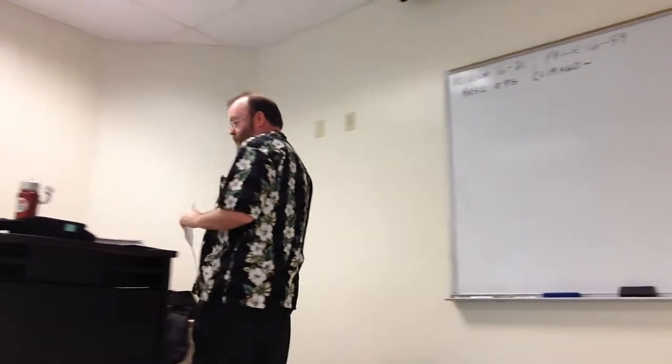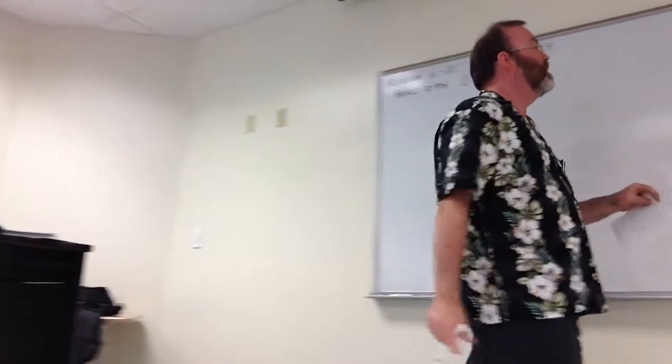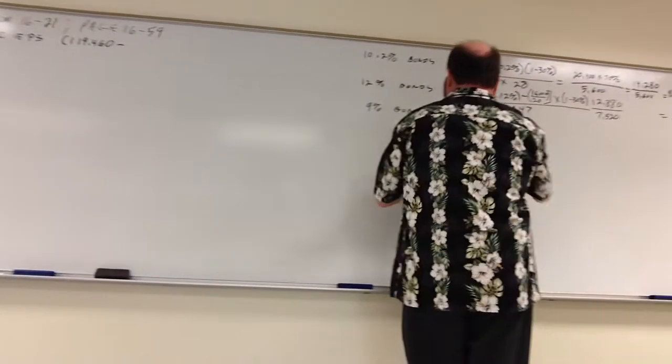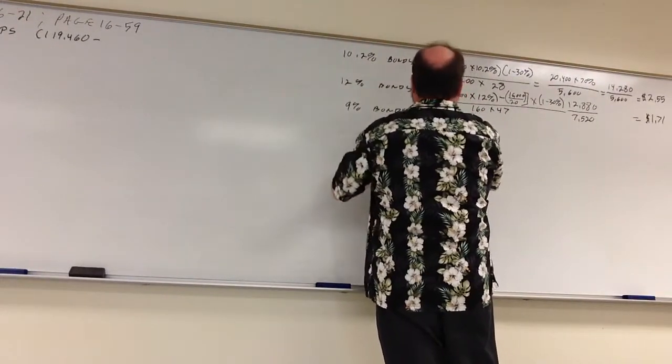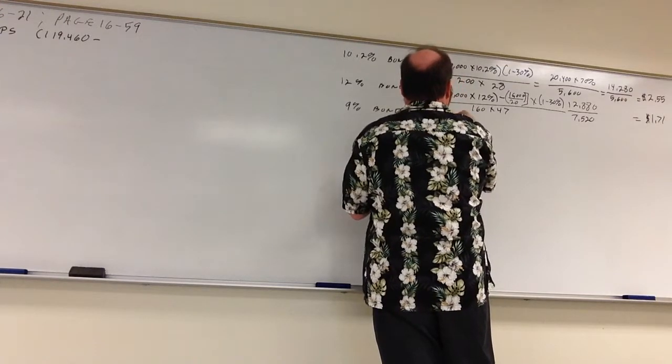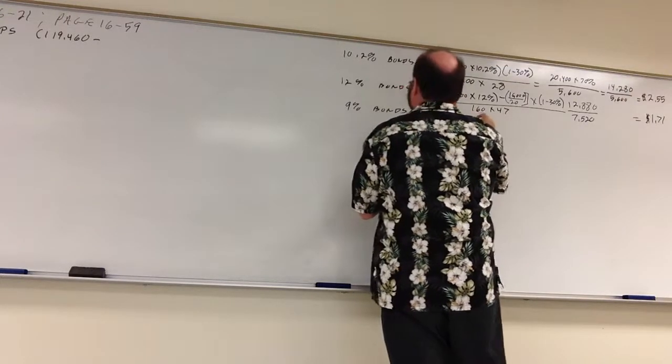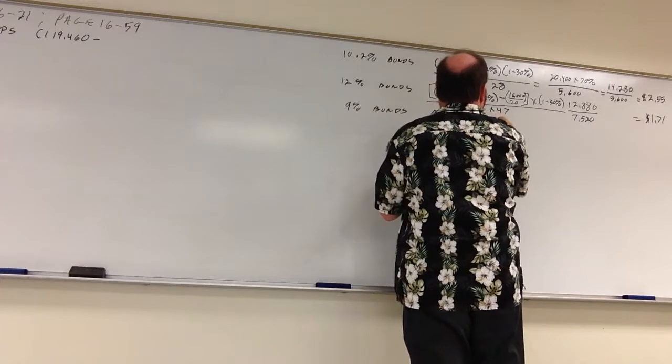The 9% bond, 200,000 face value, issued at 95, discount being amortized over 10 years. Each $1,000 bond is convertible into 44 shares of common stock. So this one is 200,000 times 9%.